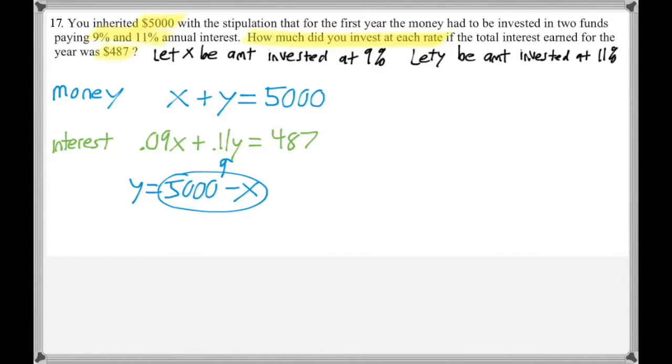Then this is going to be 0.09x plus 0.11, then a big open parenthesis, and I'm plugging in the other equation.